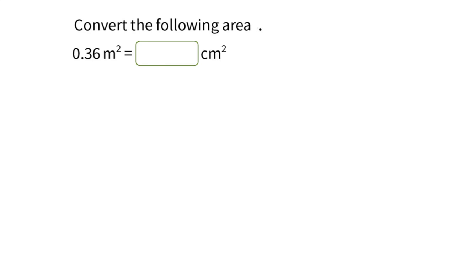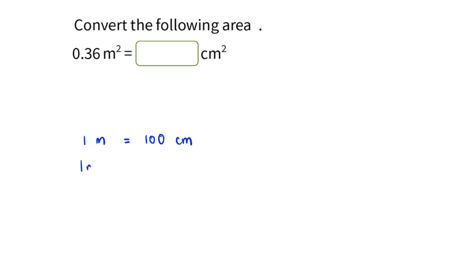Hello everyone, welcome to this video where we are required to convert the following area from meter square to cm square. Well, before we get started, I always like to remind myself that 1 meter is equal to 100 cm.